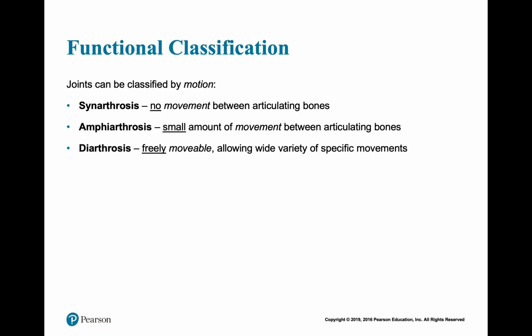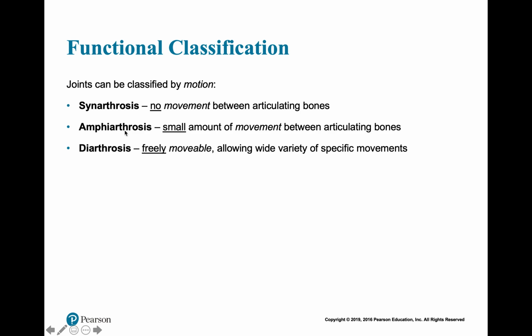The less movement it allows, the more stable it is. Just think about that logically in your head. That makes sense, that the more movable something is, the less stable it's going to be, and vice versa. So a synarthrotic joint does not allow any movement between the articulating bones.